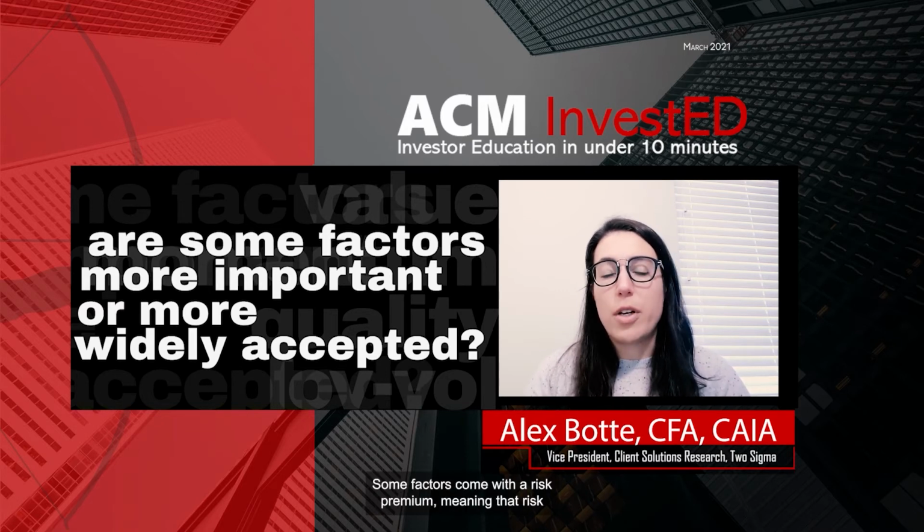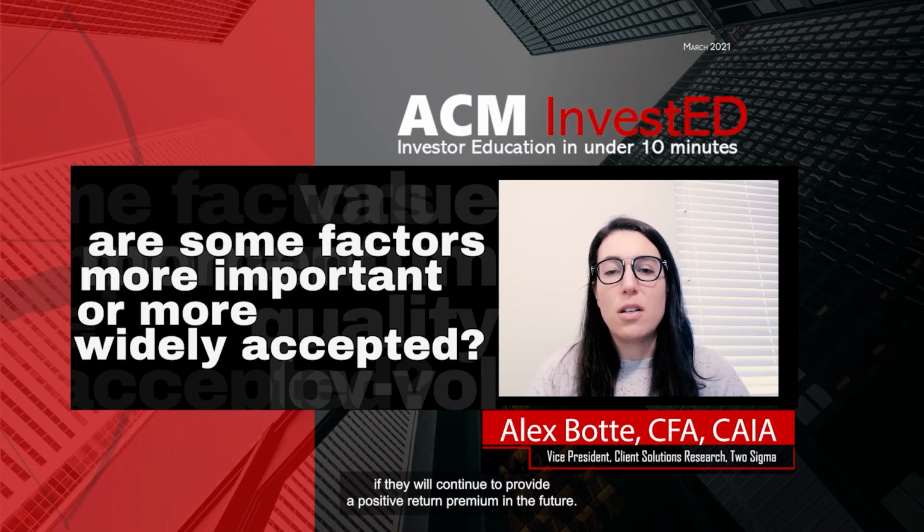But unfortunately, not all of these factors are created equal. Some factors come with a risk premium, meaning that the risk they come with has a positive return associated with it. So those factors compensate you over the long term. And then others just introduce unrewarded risks. So it's worth exploring why factors exist so that we can understand if they will continue to provide a positive return premium in the future.